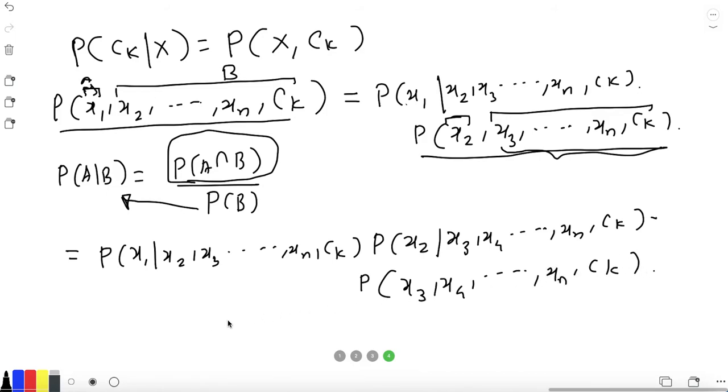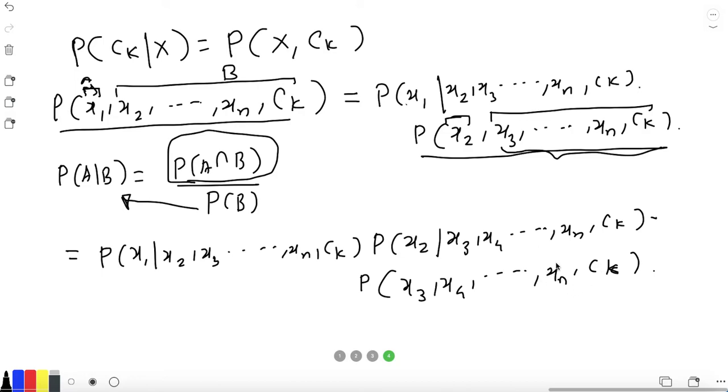If you apply the formula again on this term, it will be expanded like probability of x3 given x4, x5 up to xn, comma ck.